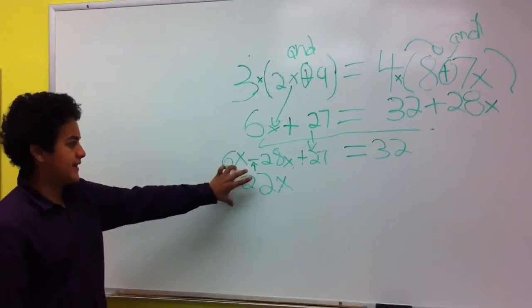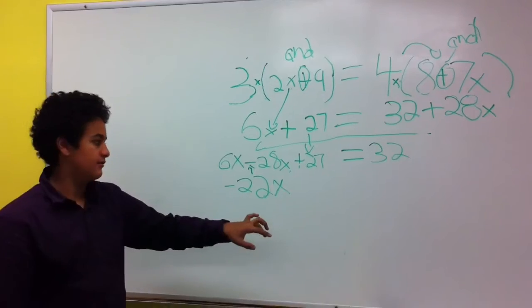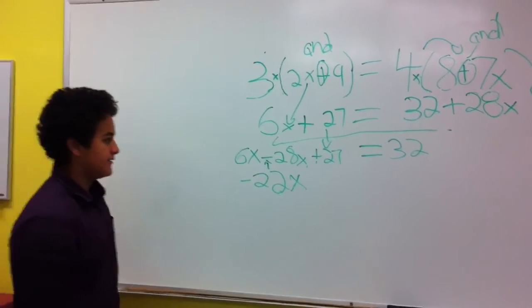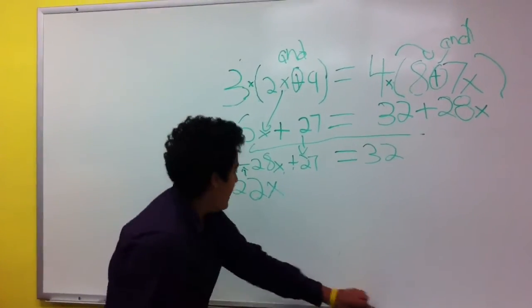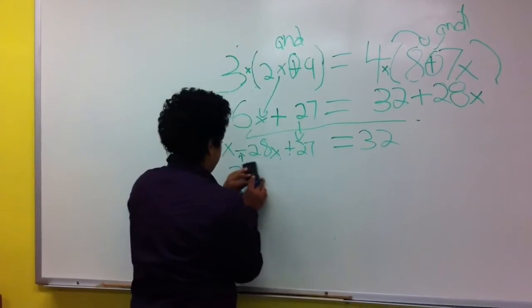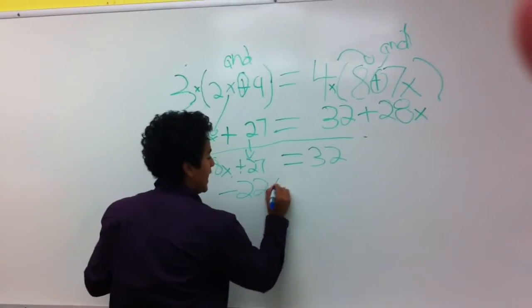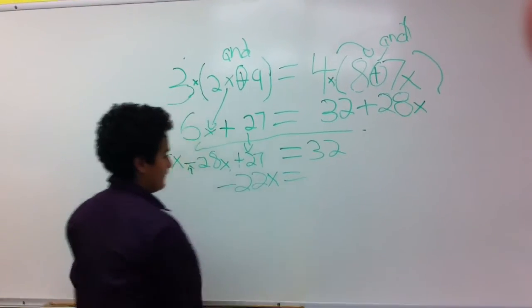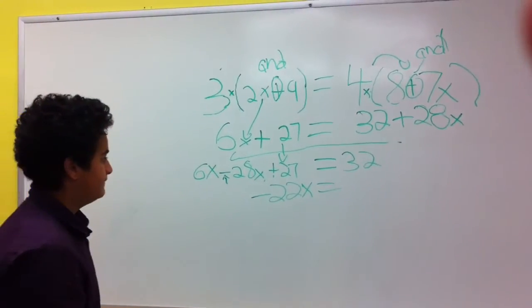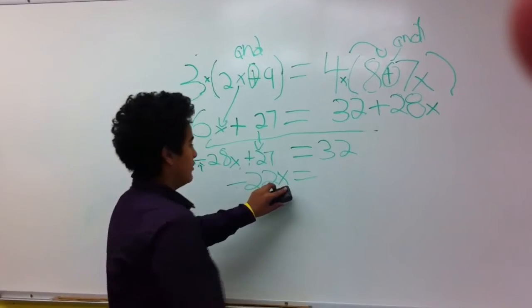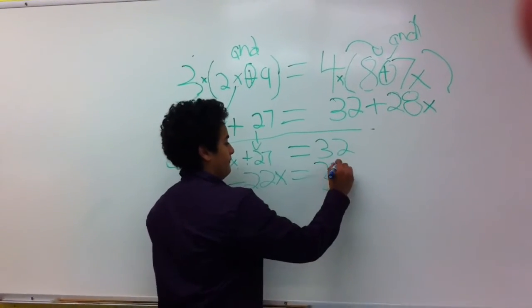So that's why 6 minus 28 equals negative 22, and it's an x. And so now, we're going to actually want to write that negative 22x over here, right? And then we have 32.